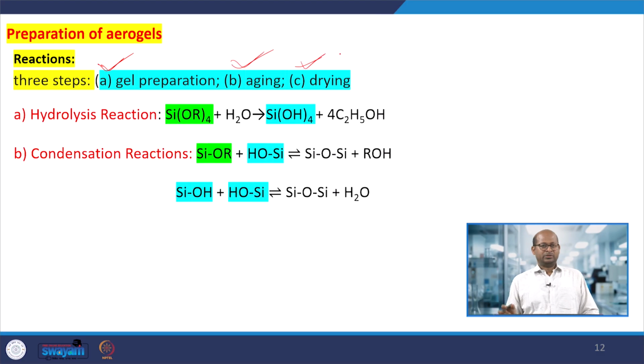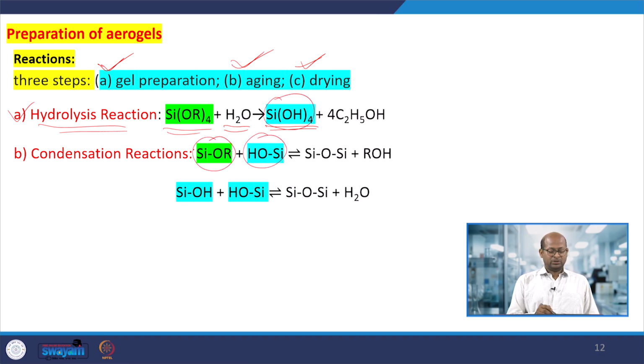The reactions will take place with the precursors. The first one is the hydrolysis reaction. This was our precursor, tetraethyl or tetramethyl orthosilicate that we have taken, and with water this type of hydrolysis reaction will take place. Then this reacts with the initial precursors we have taken, and this type of silica-oxygen-silica bond formation occurs, or these may react individually, and condensation reactions may take place.